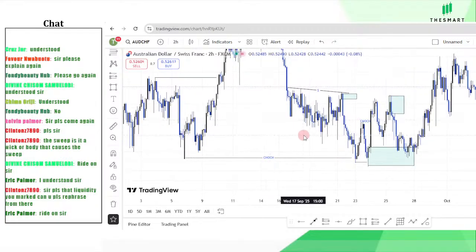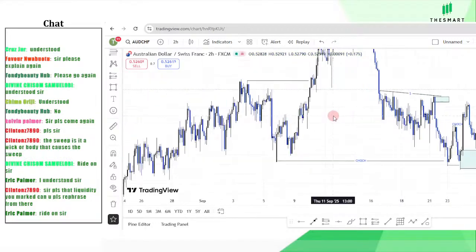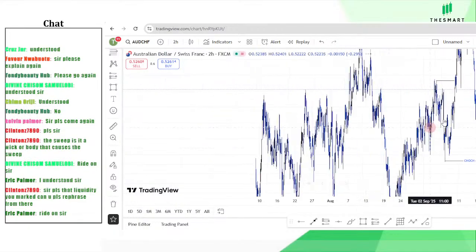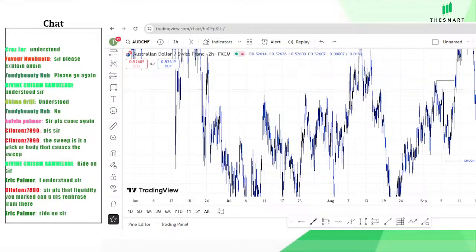All right, so the liquidity I marked, this is the liquidity I marked, this one at the top here. So I was trying to explain, now let's look at the trend of this market.